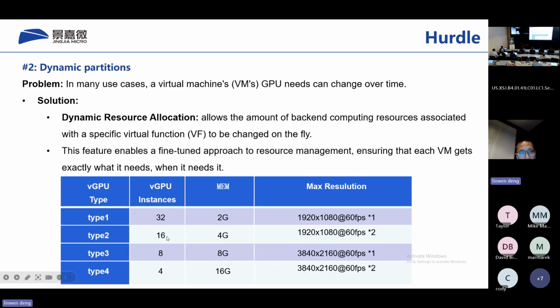We list four profiles, so different kinds of vGPU can coexist on the same PF. It allows the amount of backend computing resources associated with a specific VF to be changed.